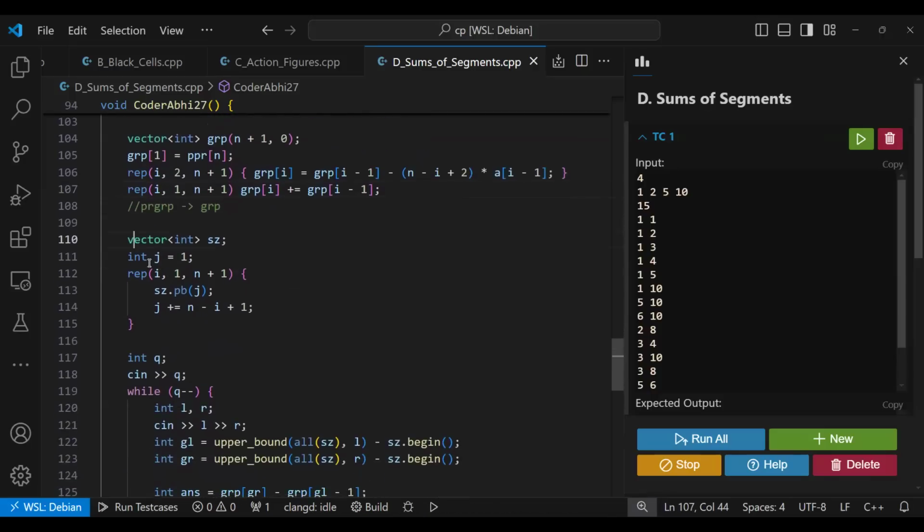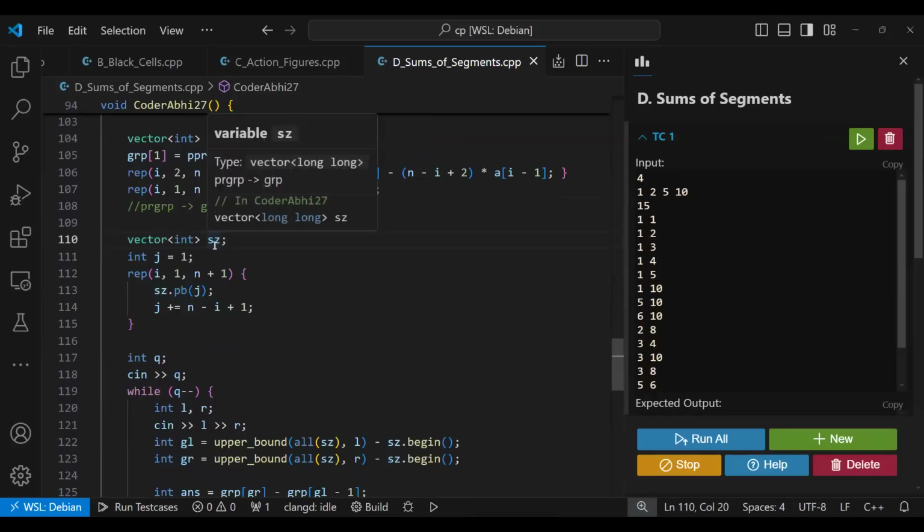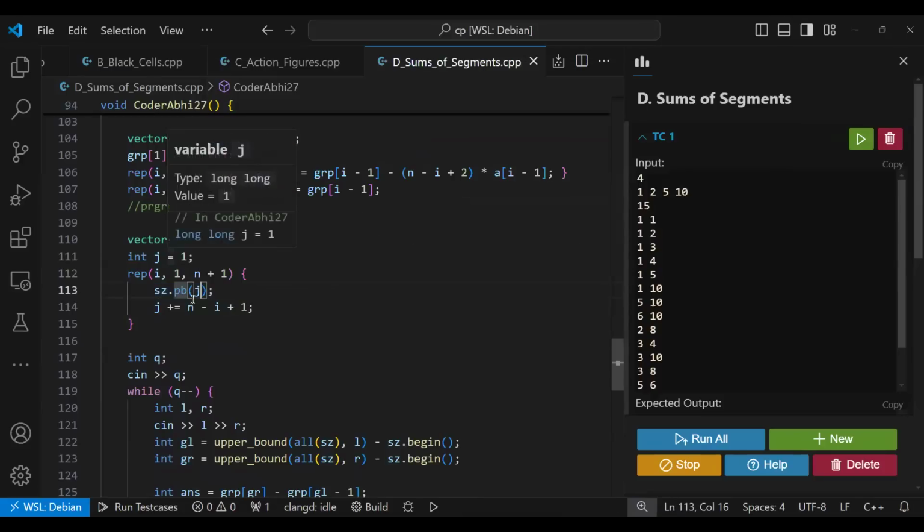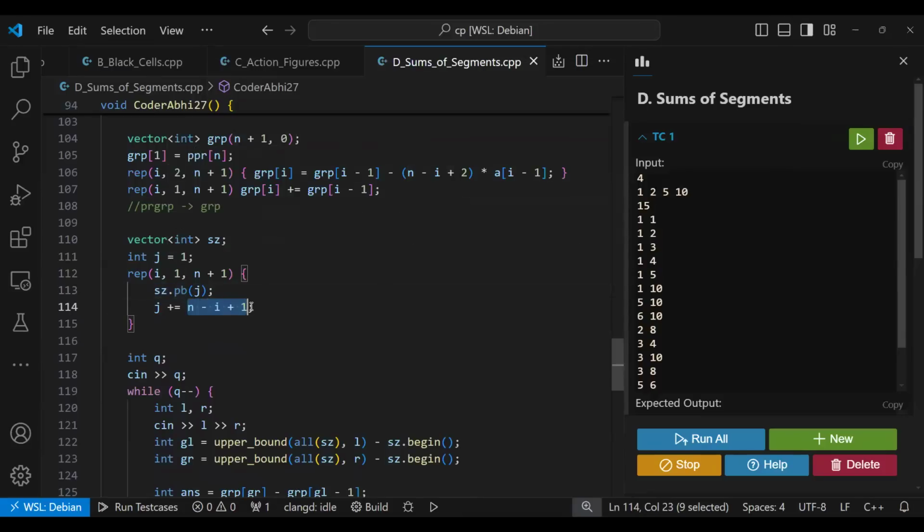After that, I need to compute the size array, so basically the initial index of every group. The size array is storing the initial index of every group. So for the first group, the index is 1, so I would initialize j equal to 1. For the ith group, in size, I would push back j. So 1 would be pushed back, then j plus equal to next group size, which would be n minus i plus 1.